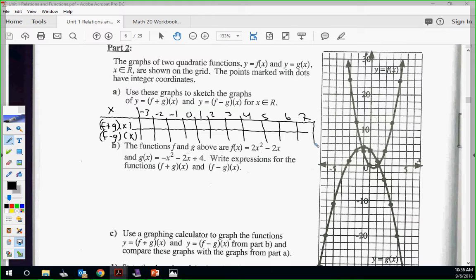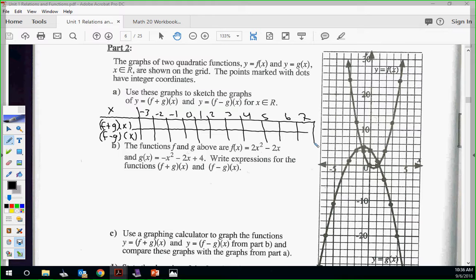So what they want you to do visually is go to -3. Here's -3. Remember we talked about this yesterday. These go by 2, so be careful. This is at 1. It tells me that in the beginning. It says these are all marked with integer coordinates, so there are no decimals. That's kind of your giveaway. So this function is the g of x, right?